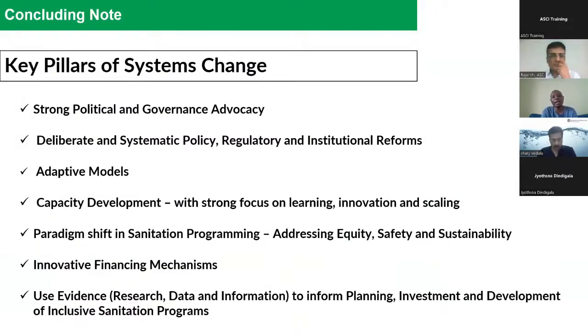So anyway, I want to just mention two or three points here. You can also read them. But we learned that strong political will and governance was critical. Being adaptive in terms of learning, so don't be static. We were learning, failing, and learning.